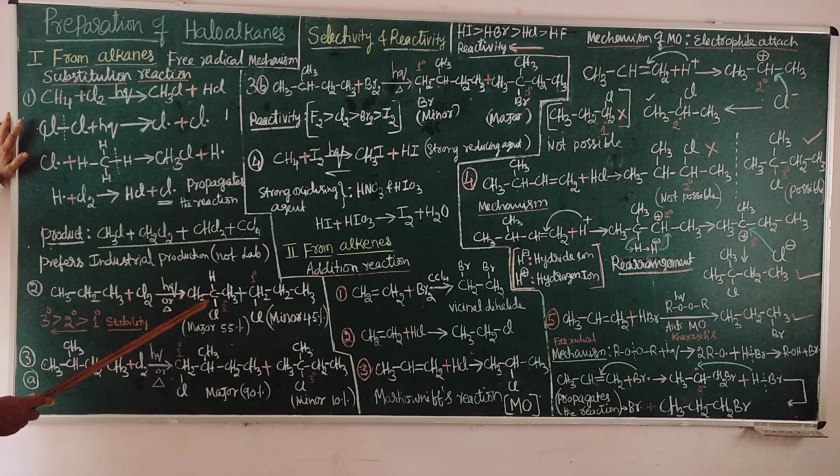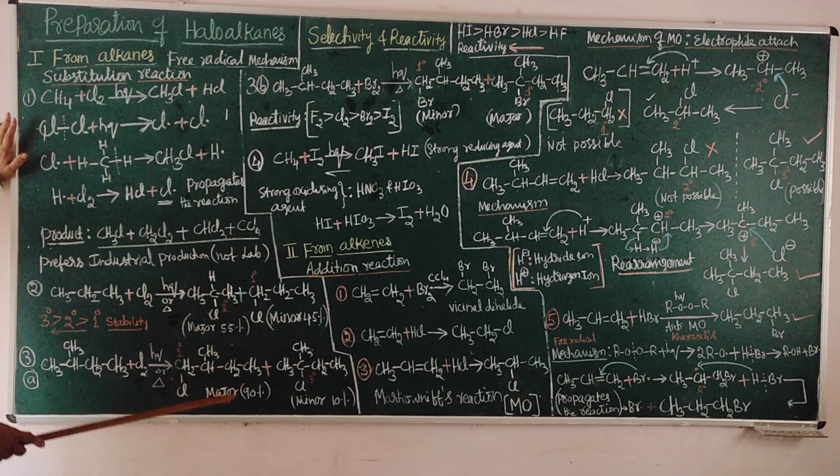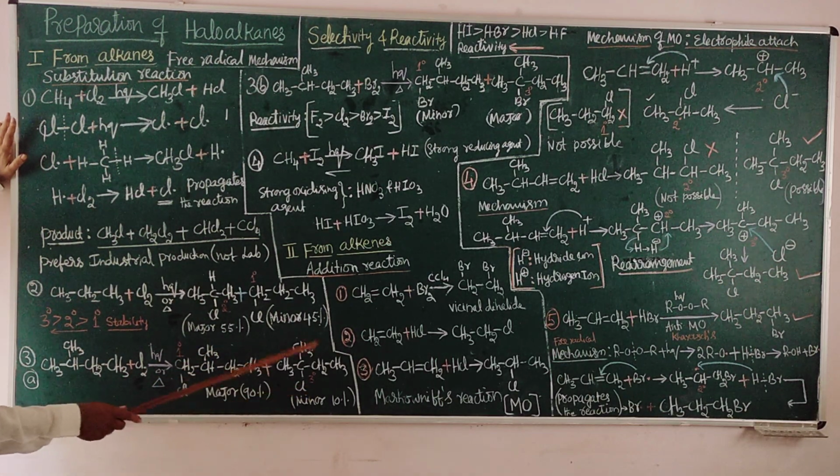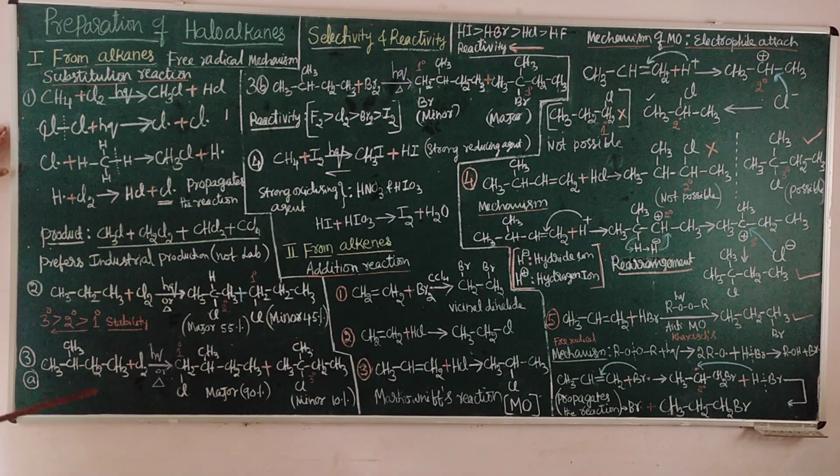So now look at this here. Now you look at this point. We expect this as a major product, but it becomes a minor product. Reason here, your chlorine is reactive. When the reactant is more reactive, it will deviate from the expected reaction.